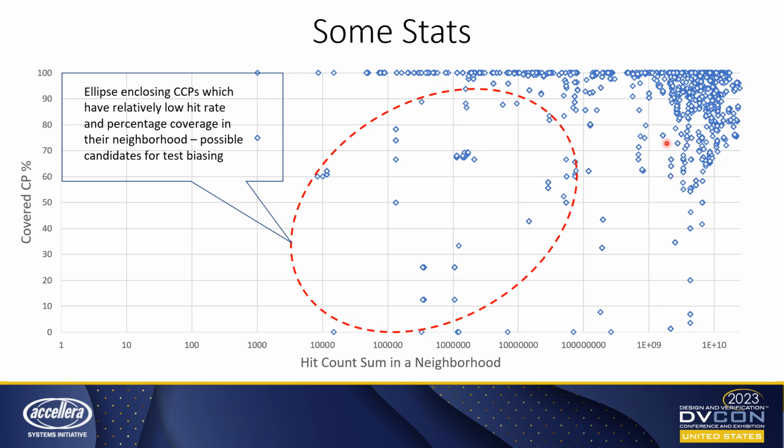The intent of the GraphCov approach is not to focus on these points, but to focus on points located in this ellipse, where the CCPs have relatively low hit count in their neighborhood and also relatively low cover percentage in their neighborhood. The idea is that if we can somehow bias tests towards these CCPs, then by increasing the hit count in the neighborhood of these CCPs, we might be able to boost the covered percentage around these CCPs and thereby hit UCPs in their neighborhood.